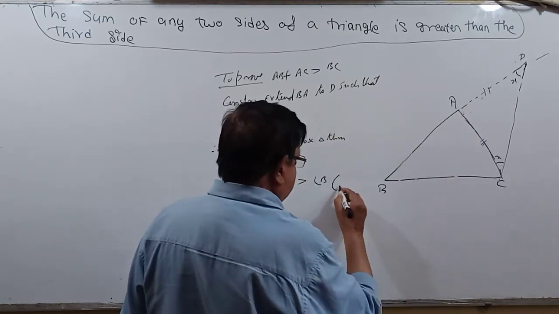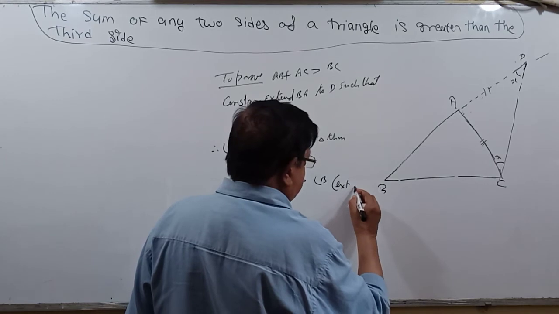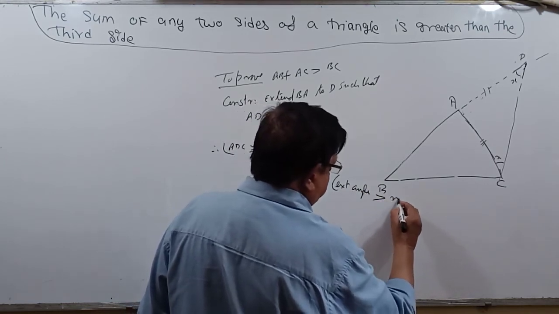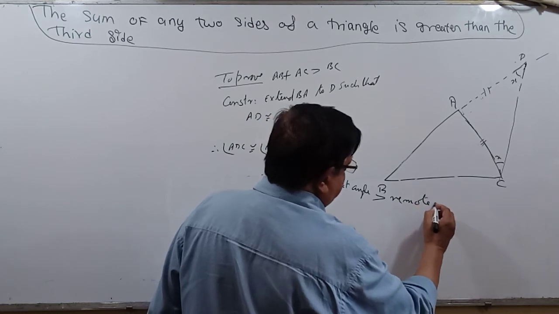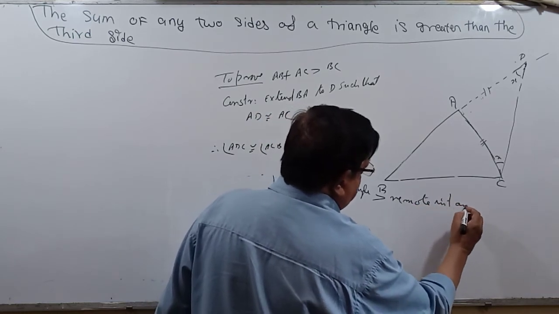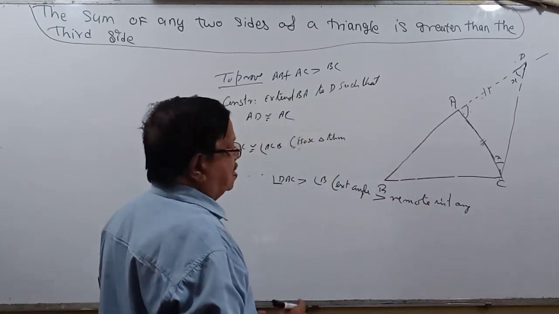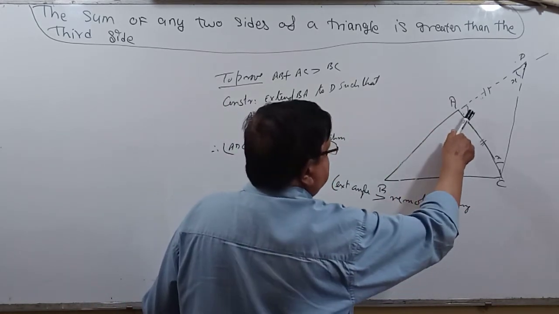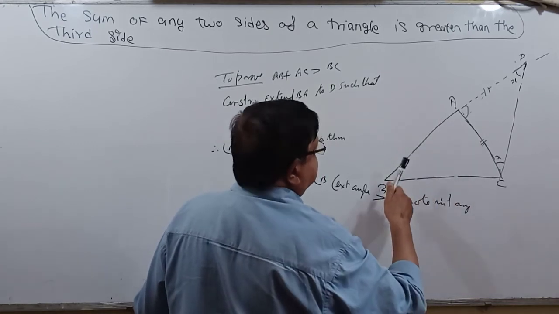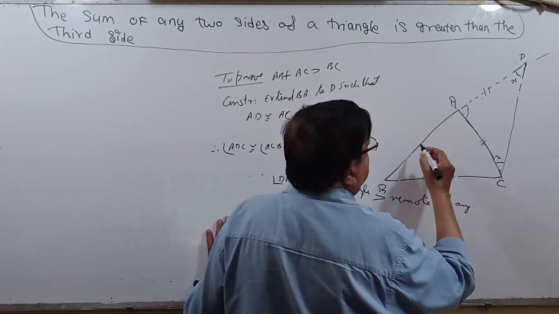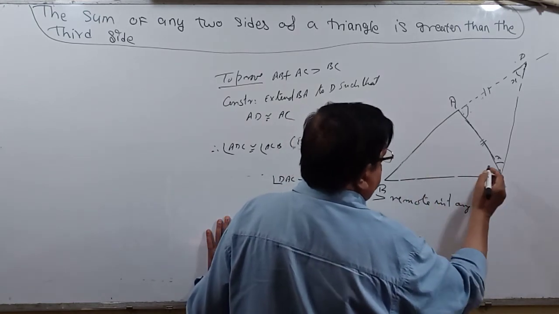What is the reason? The exterior angle is greater than the remote interior angle. This is greater than this. Suppose we put some name here.